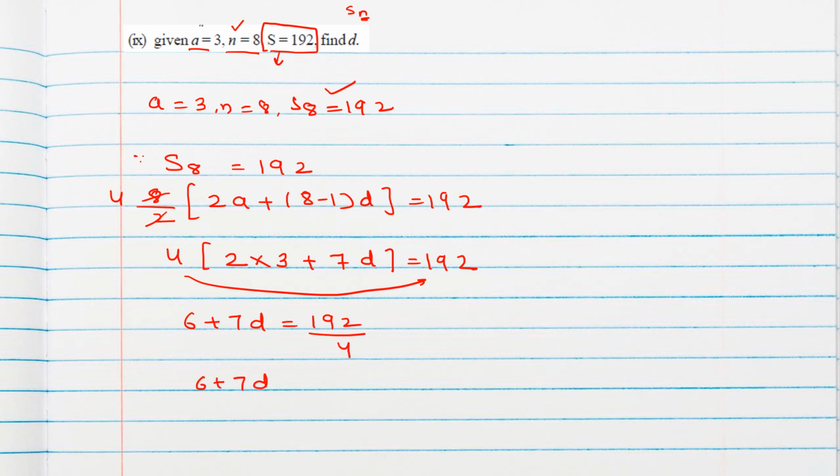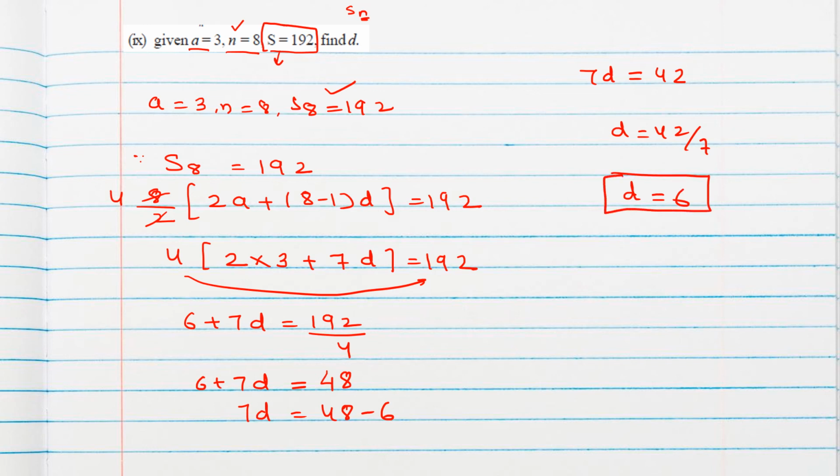Okay, 4 fours are 16, then 4 eights are 32, so 7d is 48 minus 6. So 7d is 42, that is d is 42 by 7, which gives 6. So d, which we should find, is 6 here.